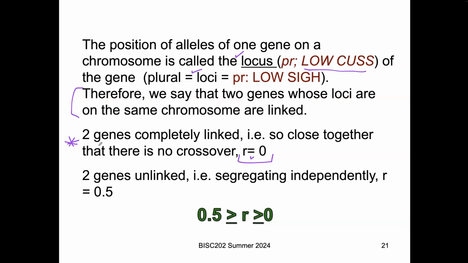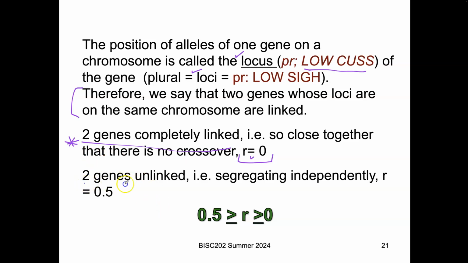And they had to look at, I think it was 20,000 progeny to find a few crossovers. So we would call genes completely linked if we weren't able to detect crossovers between them for the purposes of the experiment. But in physical reality, there's always some nucleotides between the genes.